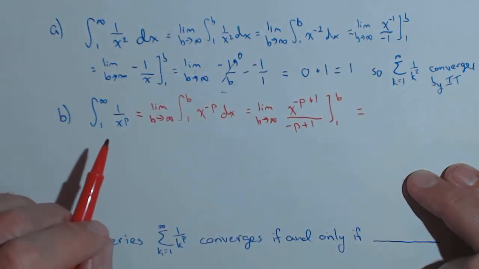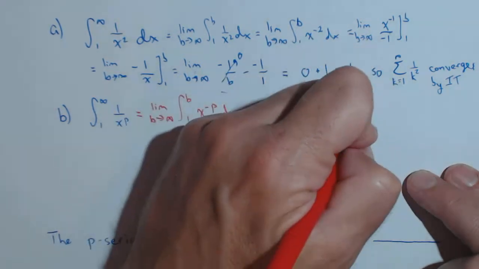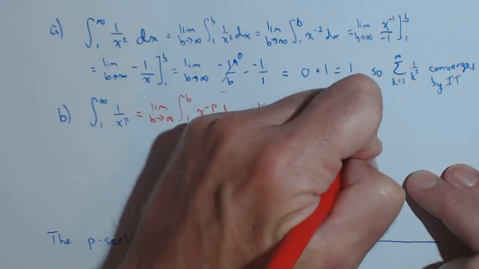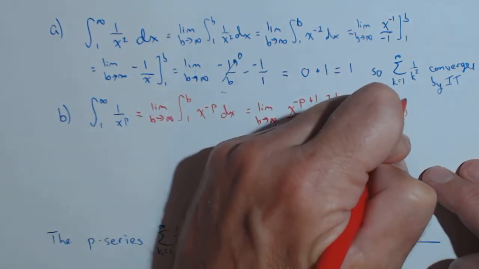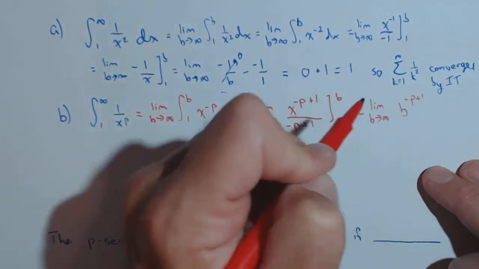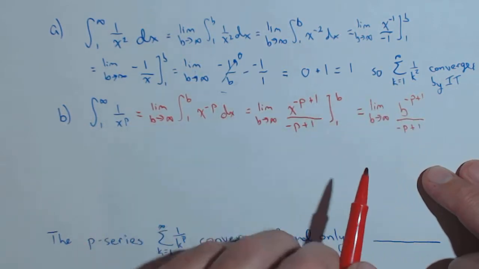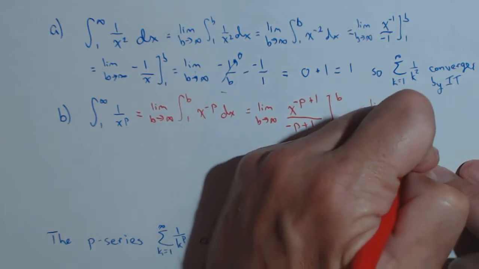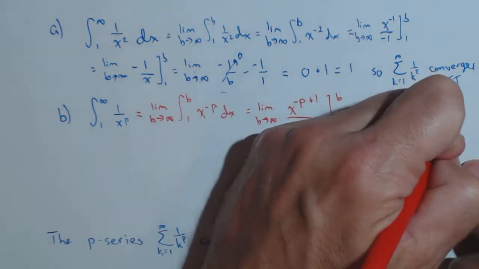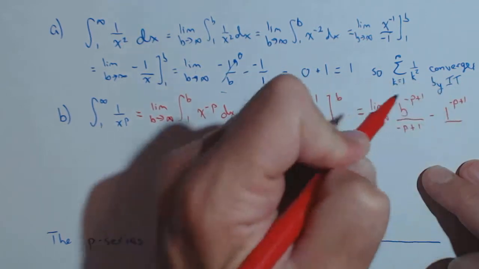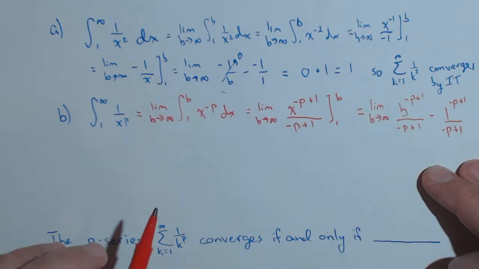Now we'll put in our limits. So we have the limit as b goes to infinity of b to the negative p plus 1 over negative p plus 1, minus, now we'll plug in 1 to the negative p plus 1 over negative p plus 1.